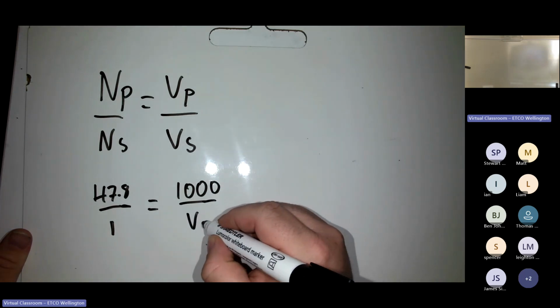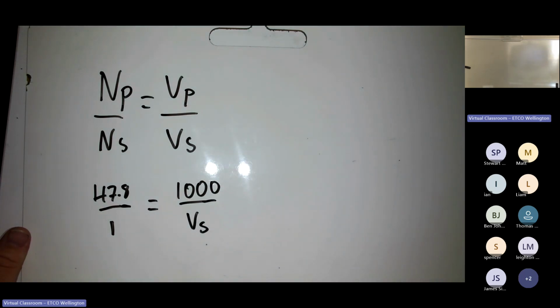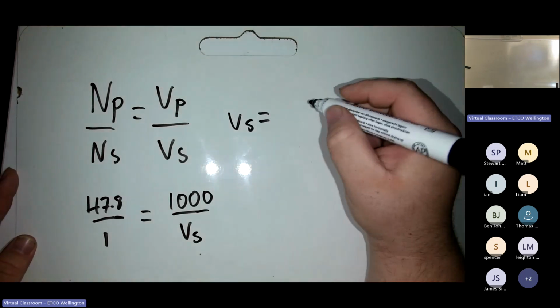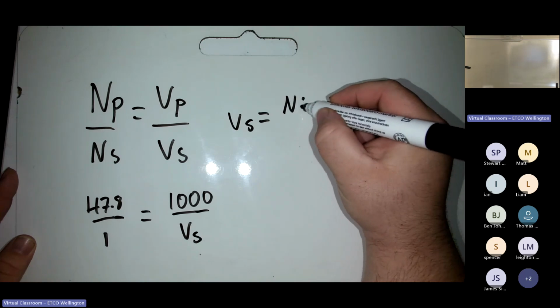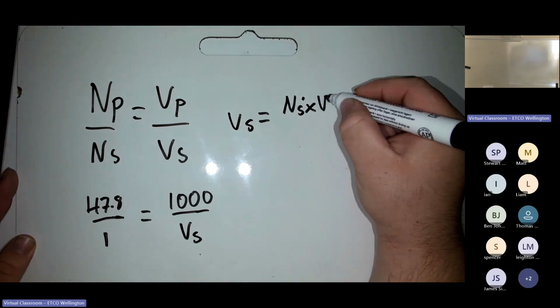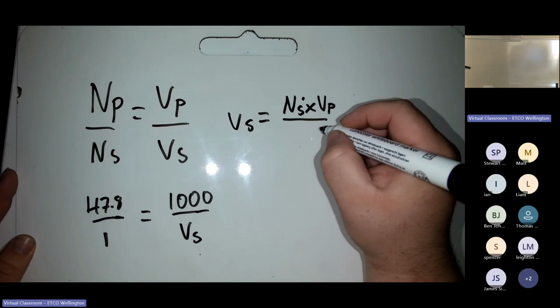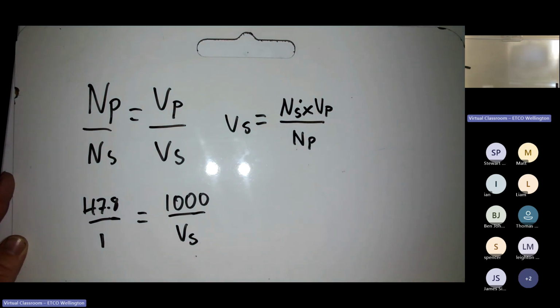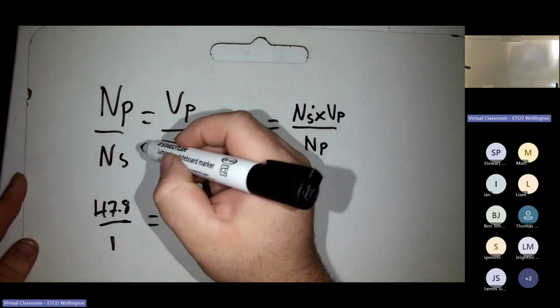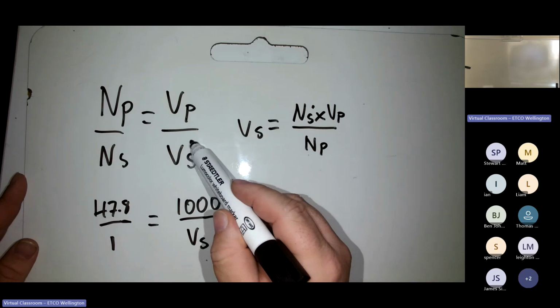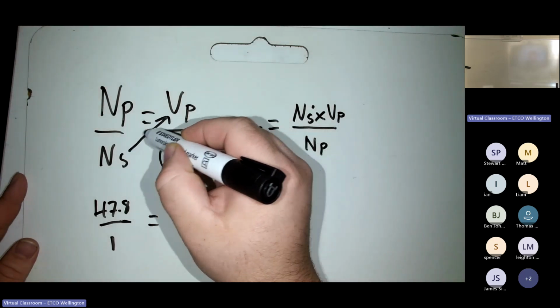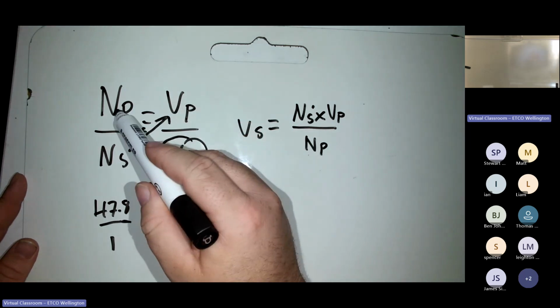Then we need to figure out the voltage secondary. To do this, we can rearrange the formula. So voltage secondary equals NS times VP over NP. Whenever we do this formula, if we need the voltage secondary, we multiply top and bottom, and then we divide by the other.